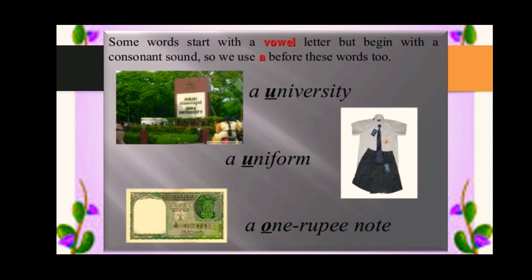A university: though the first letter of university is a vowel, the sound is of a consonant. So we will not use an here, we will use a. And the next, again we have a uniform, a 1 rupee note.